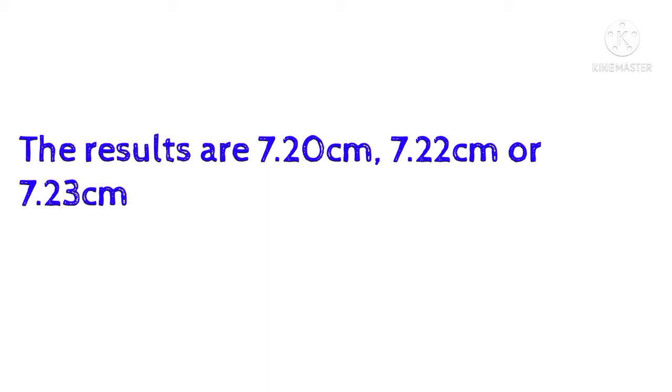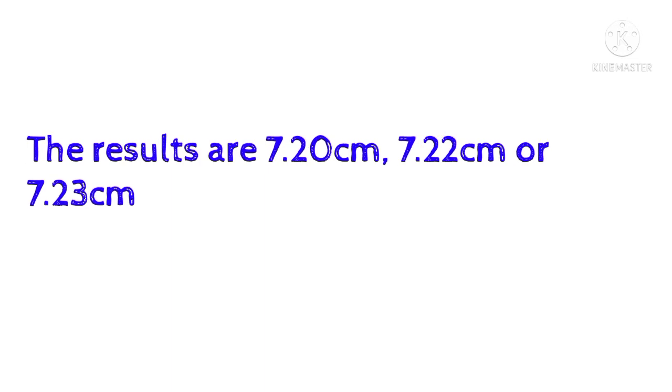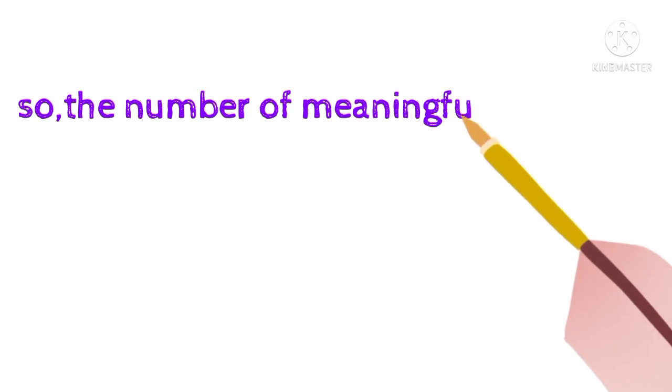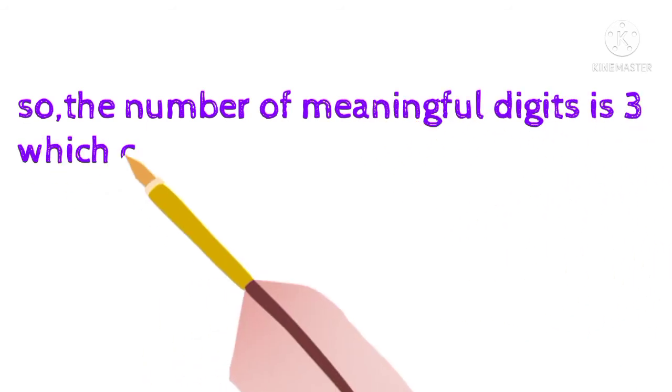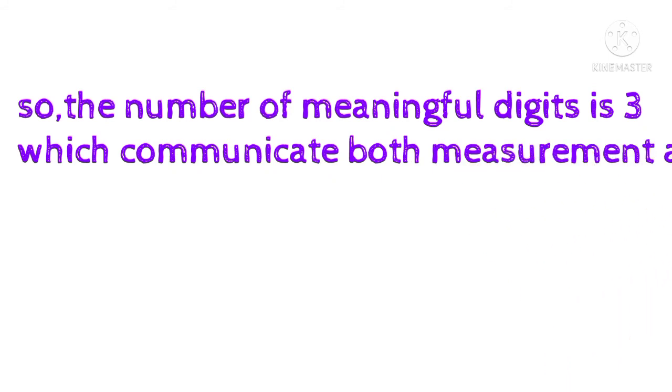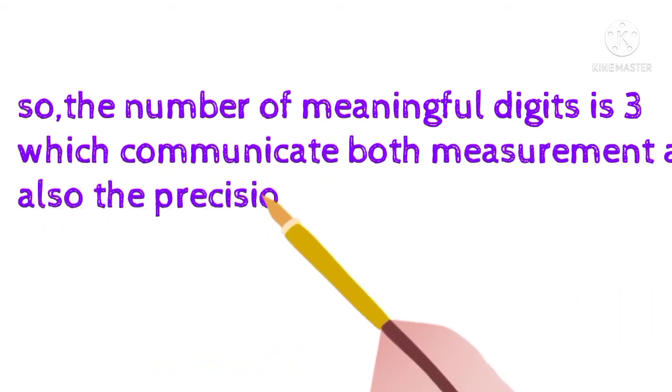Note that all three students measured the first two digits correctly, but the last digit varies from person to person. So, the number of meaningful digits is 3, which communicates both the measurement and the precision of the instrument.